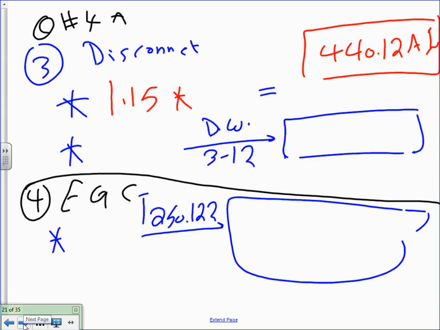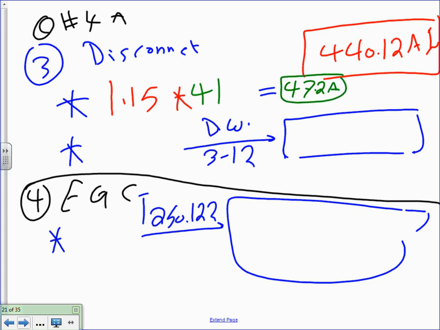Okay, disconnect. For disconnects, 440.12(A)(1) will tell you 1.15. Who asked me about that one? Why 1.15, Chad? One time and 1.25. Right here, 1.15. Not from my basement, right? From 440.12(A)(1). Cool? Okay, so that multiplied by 41. Was it 41? 41, what would that give you, Jamie, my friend? 47.15. 47.2 amps.